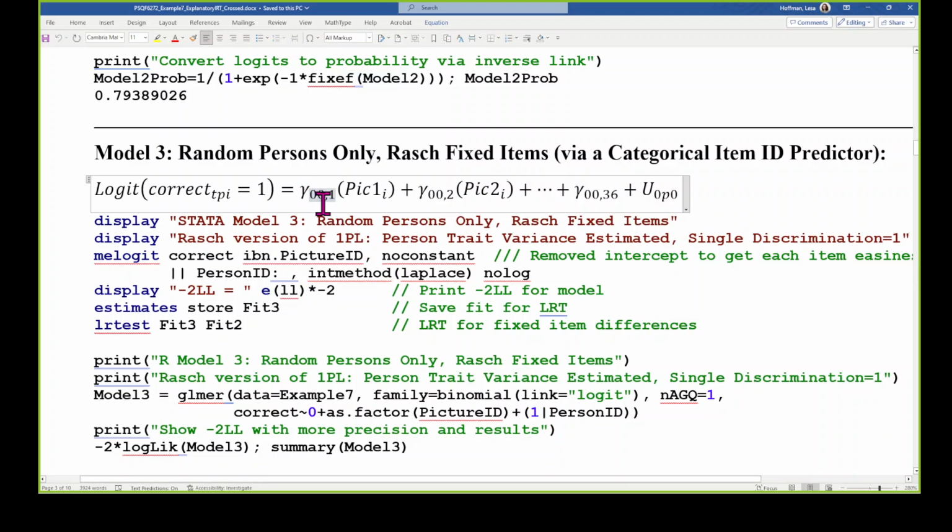So the first item predictor is whether it's picture 1, the second is whether it's picture 2, all the way up to picture 36, which I lost somehow. No, picture 36. There we go.